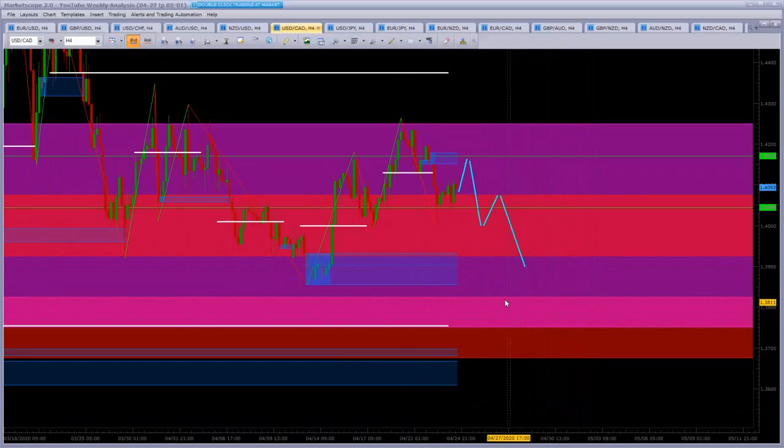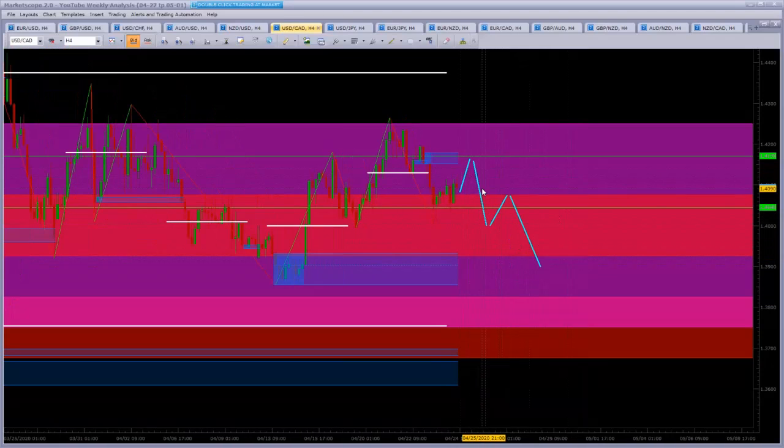Let's just say you missed this entire ride, and it already came all the way down here. Well, most likely if you get a chance at this demand area, you probably will get a bounce, but it's not going to be one of these big bounces.